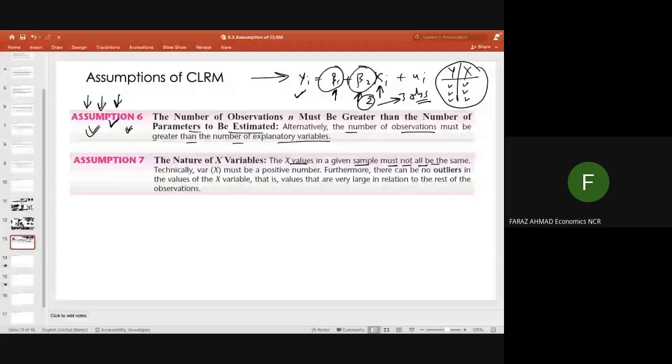There are 3 points here. Let me clarify all the 3 points one by one. Point number 1: X values in the sample must not all be the same.